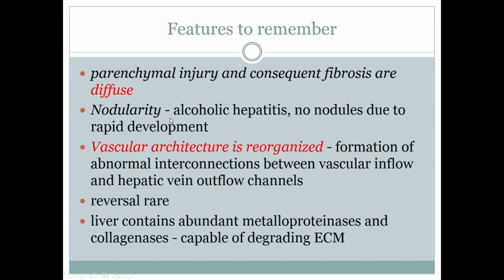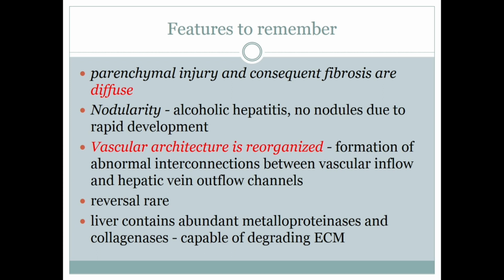Nodularity. Why nodularity? In alcoholic hepatitis there are no nodules. However, in cirrhosis there are nodules, because parenchymal injury might happen, but all are not uniformly injured. There are some hepatocytes which are still capable of regenerating. So when that happens, there is fibrosis, but supposing those hepatocytes which are surrounded by the fibrosis, some are irreversibly damaged, so they die and get replaced by fibrosis, but some are still able to regenerate.